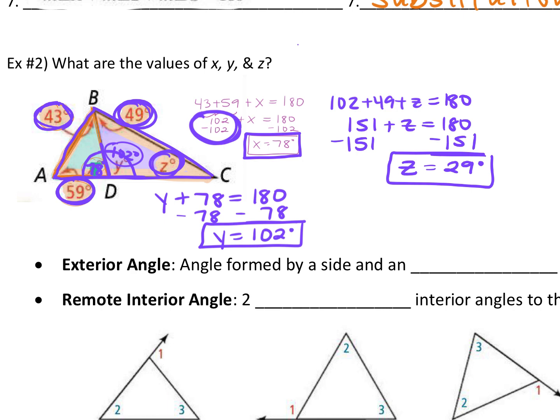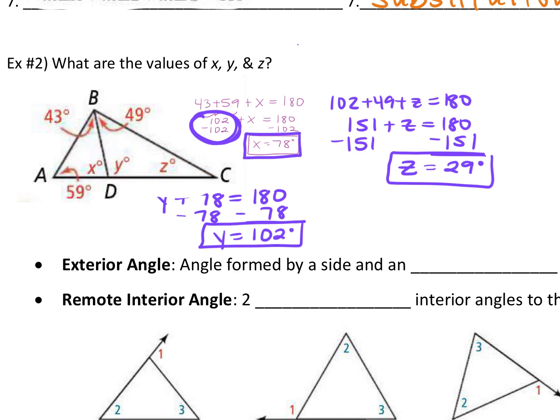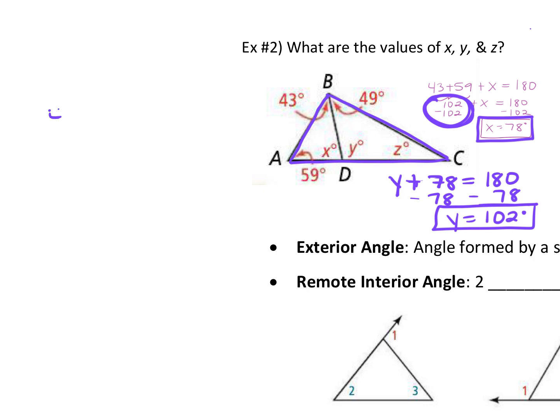How would you have done it if you started with z? So if I started with z, I would have set it up as this triangle. So that would be 43 plus 49 plus 59 plus z equals 180, right?